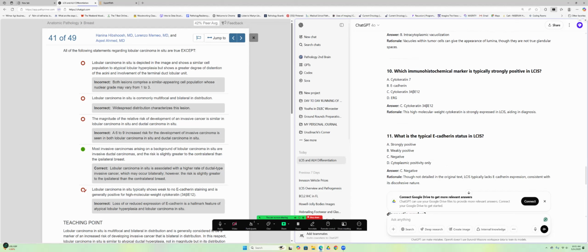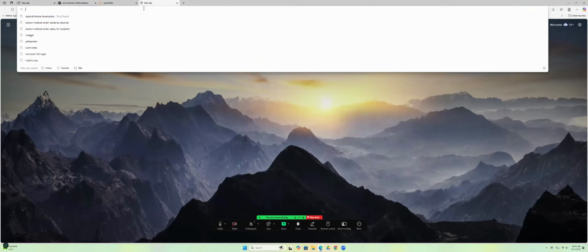Which immunohistochemical marker is typically strongly positive in LCIS? Keratin, but which of them? Is it high molecular weight? 5 and 6. What's another? That's cytokeratin 5 and 6, high molecular weight.